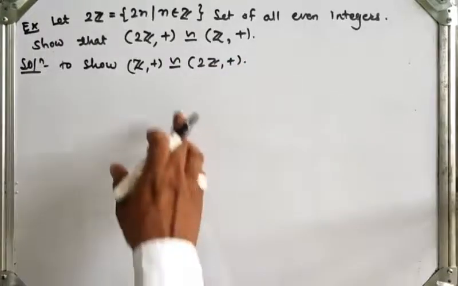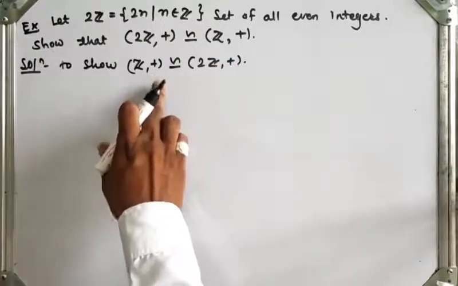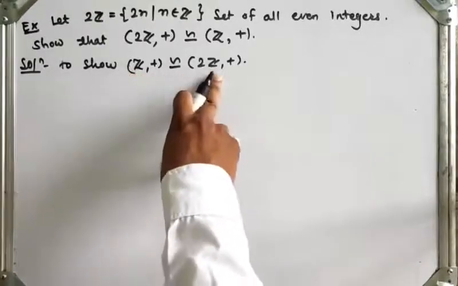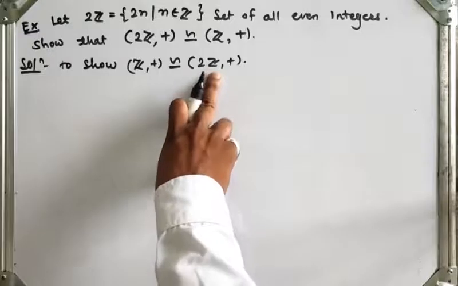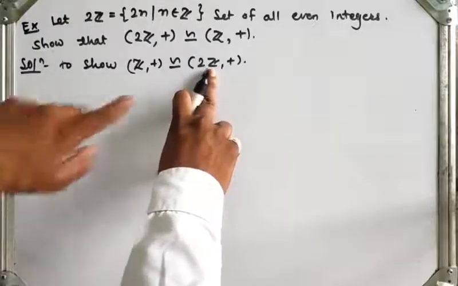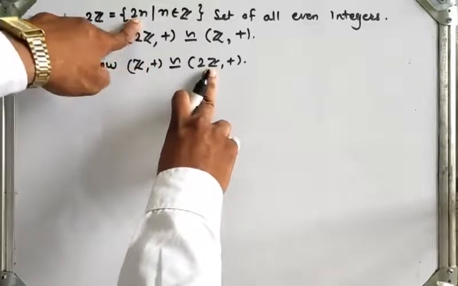Now define a function whose domain is the set of integers and whose codomain is the set of even integers. Multiples of 2 are even integers, and an even integer is always of the form 2n.